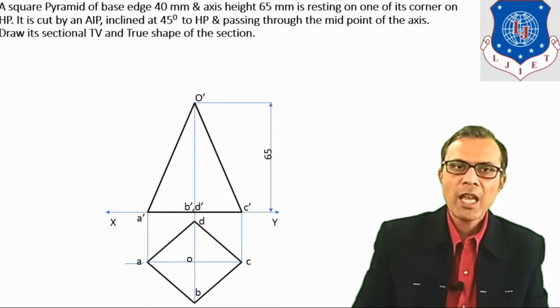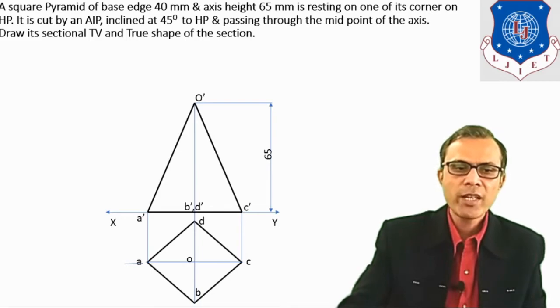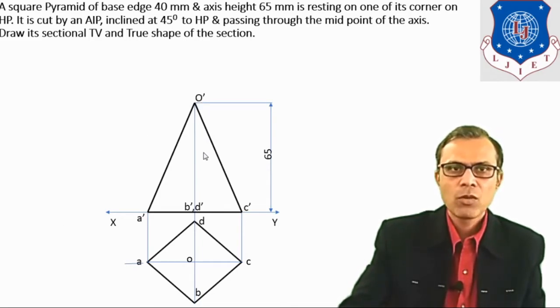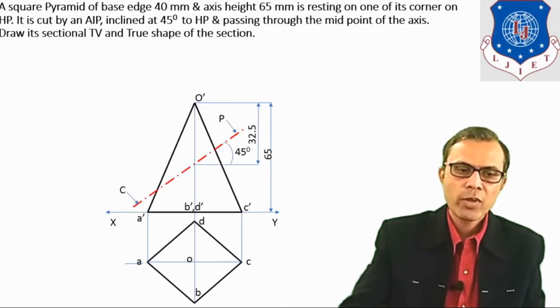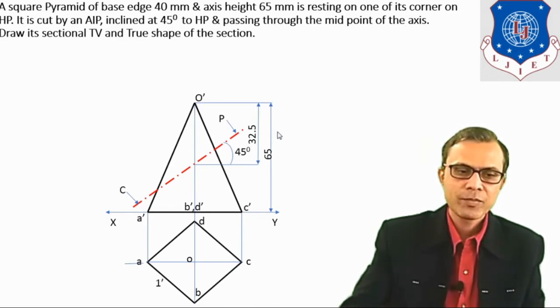Here AIP is given and it is inclined at 45 degrees to HP and passing through the midpoint of the axis. The midpoint is at a distance of 32.5 mm either from the base or from the apex side. So here it is the position of the cutting plane. It is at a distance of 32.5 mm and it is inclined at 45 degrees. So CP is the given cutting plane.